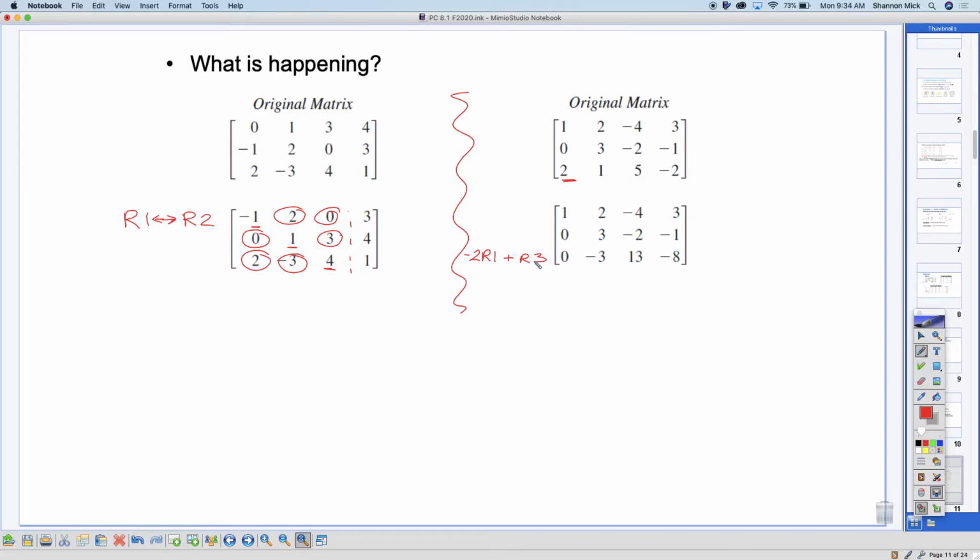You notice I wrote it right next to the change. So the next person that picks this paper up, they see -2 R1 plus R3.